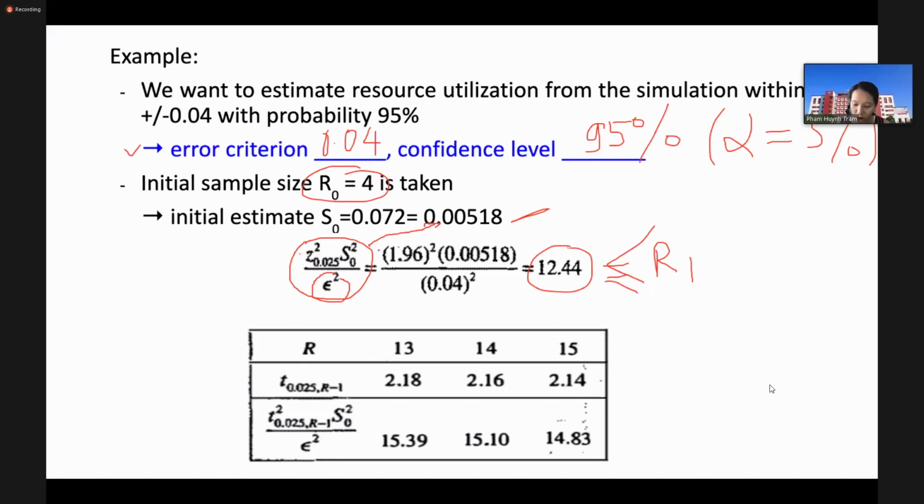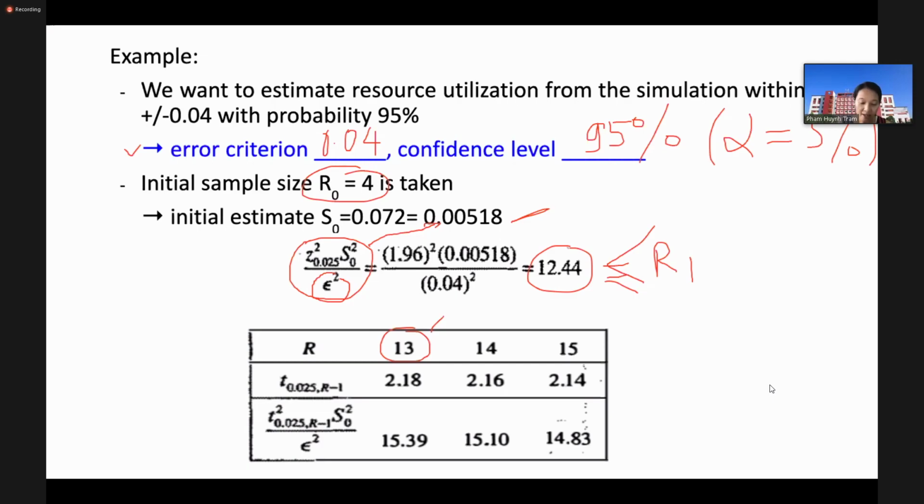Let's set R equal to 13. If you already ran 4 times, then you only need to run 9 more, but it's more convenient to just set 13 times in Arena instead of running 9 more replications. It's much faster.